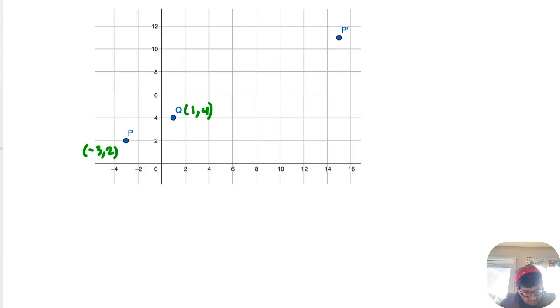It would say, what's the slope between these 2 points? Well, I'm going from P to Q, so I'm going from -3 to 1. That is an x increase of 4, and our y is going up by 2. So the distance from P to Q takes us on a slope of up 2 and over 4.